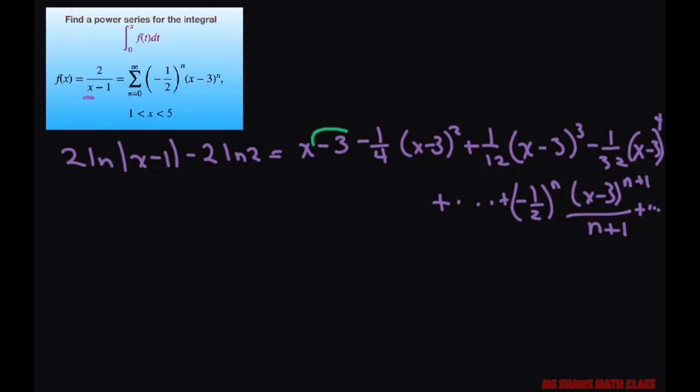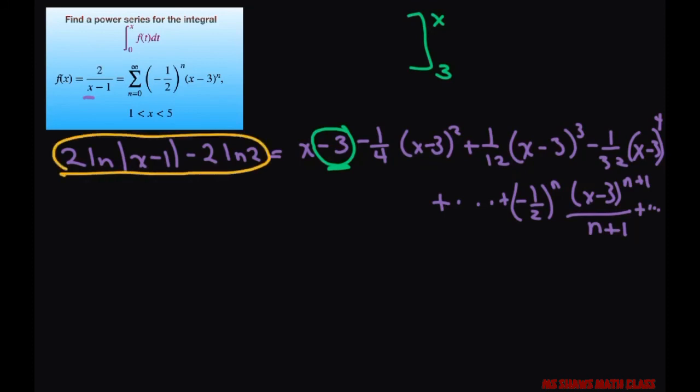This part right here is from evaluating from 3 to x. So I just moved it up front here. It should really be back here, but I moved it there. Okay. Now, let's go ahead and simplify this. I'm going to condense my logarithm and write this as a single log.